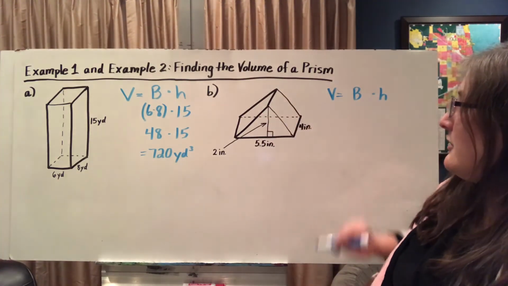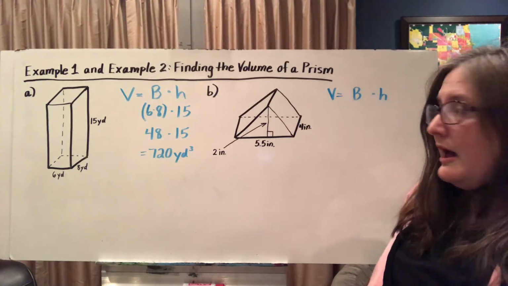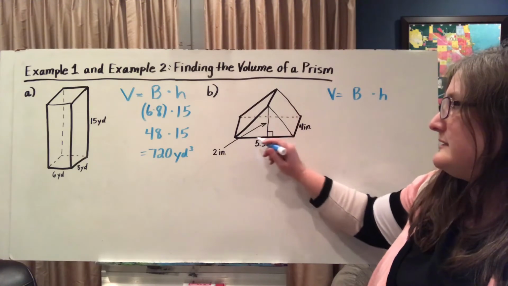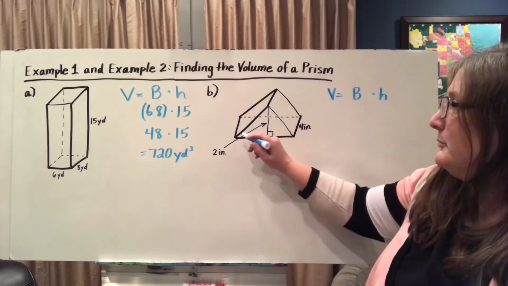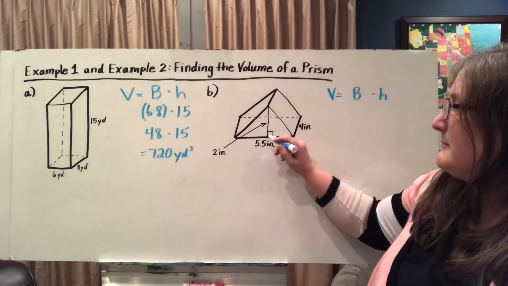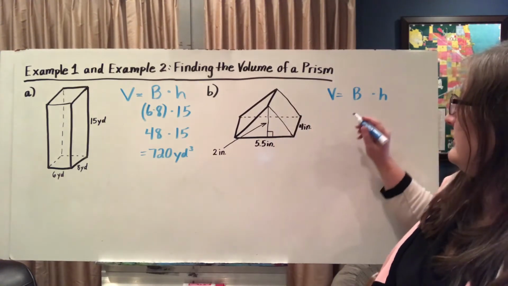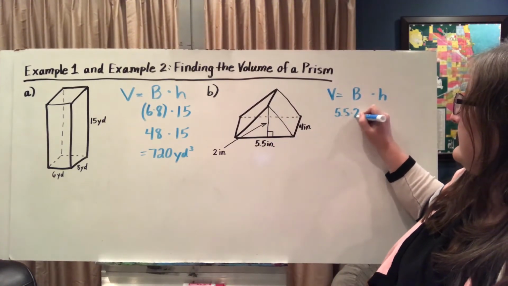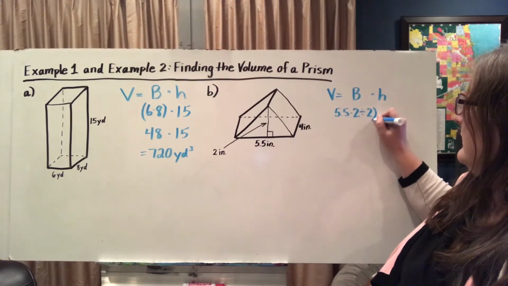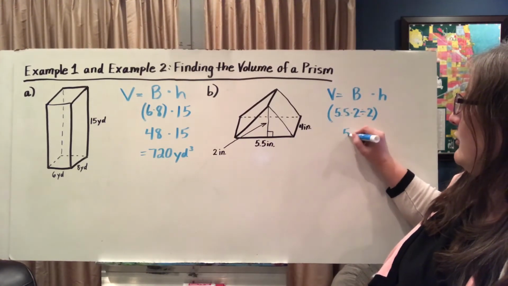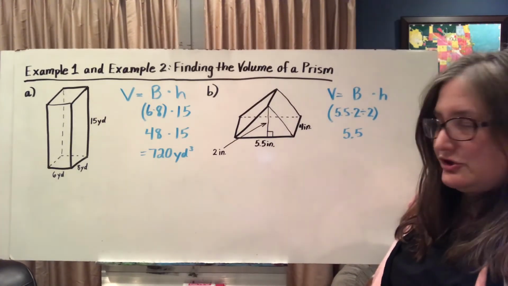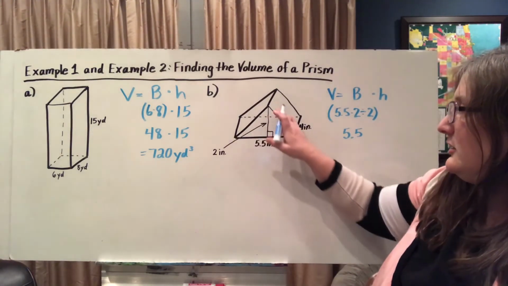So when I'm finding the area of my triangle, I have to make sure I'm finding the two sides that form the right angle. So this will be my base, 5.5 inches, and my height for the triangle is 2 inches. So I'm going to do base times height divided by 2, which gives me a total of 5.5. So 5.5 square inches will cover this triangular piece.